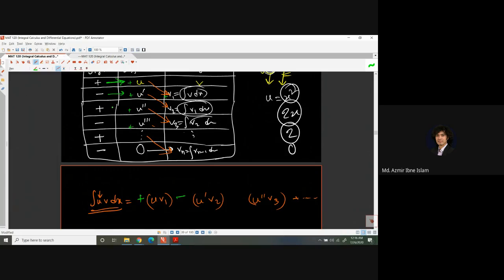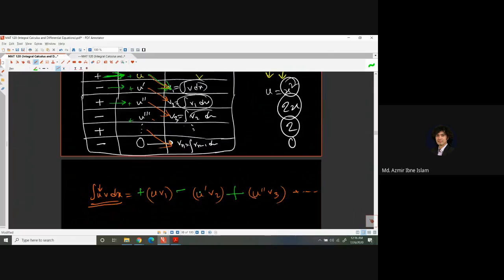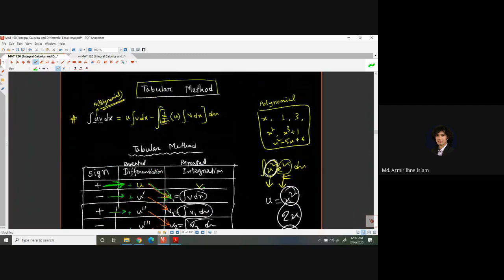For the third term, plus, plus, plus, plus, plus, plus. That means at first you have to come from the horizontal direction, then by that cross product form.